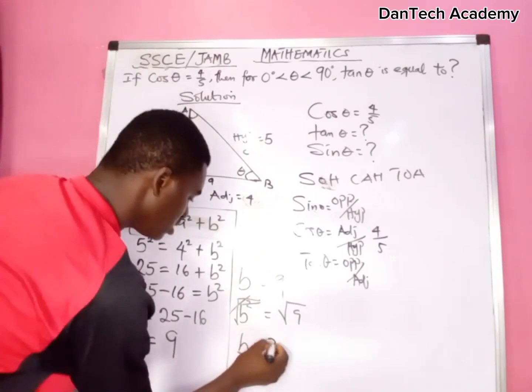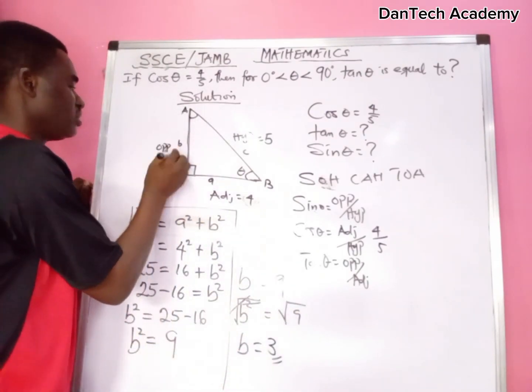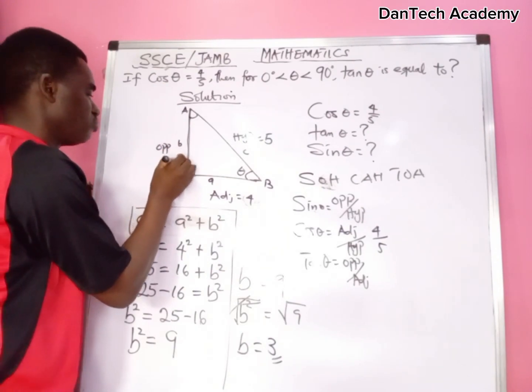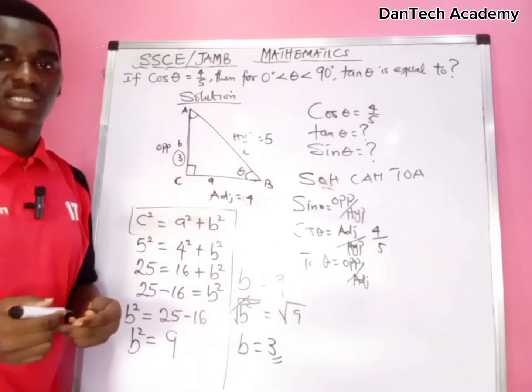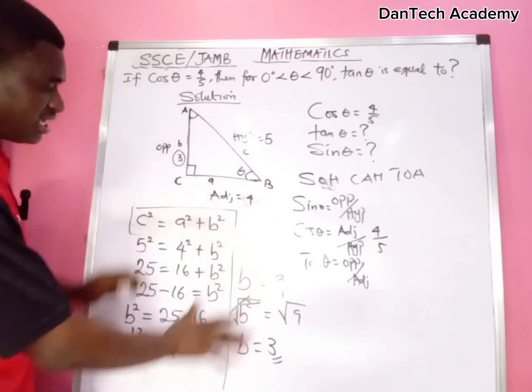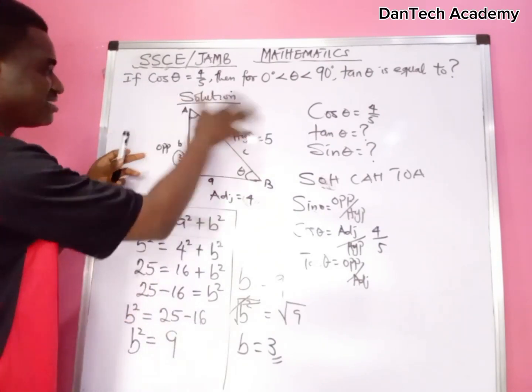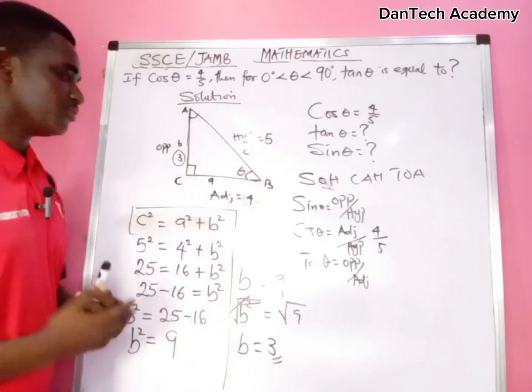The square root of 9 is 3. So you can see that b is 3. 3 will be here as our answer. From here I believe this is very clear. All this is the Pythagoras theorem we use in getting this. So we've gotten all the sides complete.